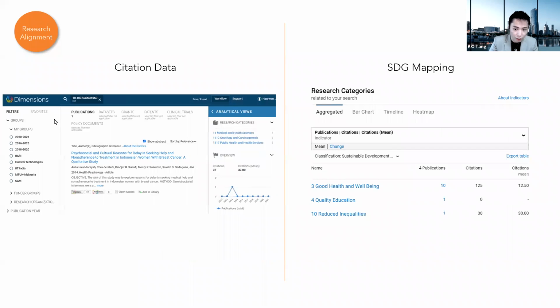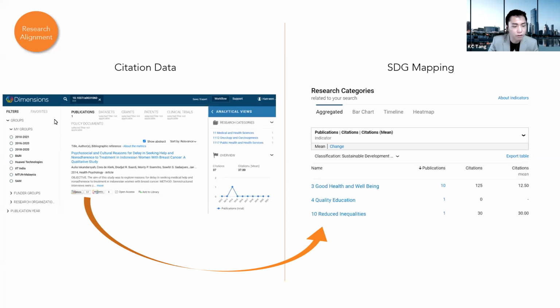However, there is this example that I wish to share, where you could see that the citations for this paper actually come from multiple areas of SDG. This research is about, if not mistaken, the study on why Indonesian women who have breast cancer are reluctant or delay seeking medical treatment.